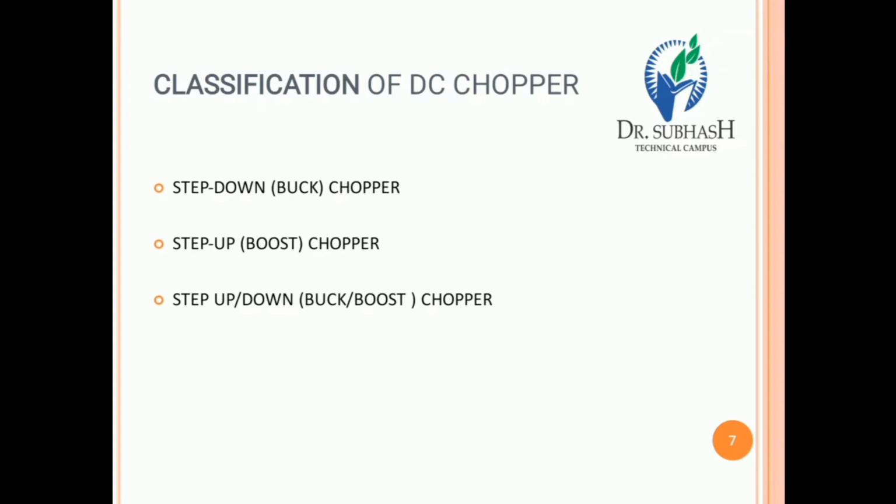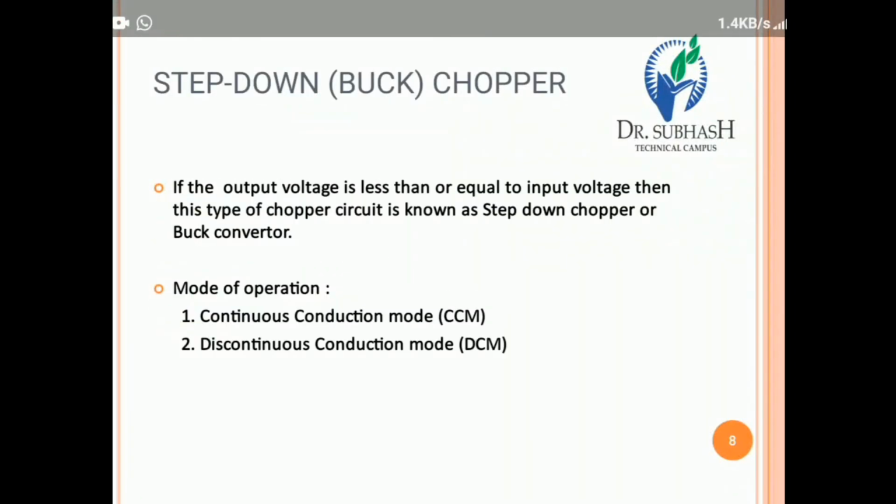Third, step up and down chopper, that means a combination of the first and second chopper circuits. In a step down chopper, the output voltage is decreased from the input voltage. In a step up chopper, the output voltage is increased from the input voltage. And if the output voltage can be either increased or decreased, that is a combination of step up and down choppers.